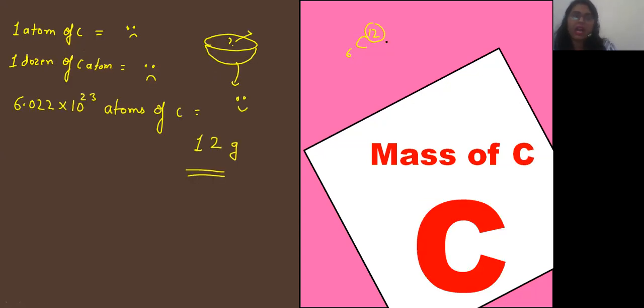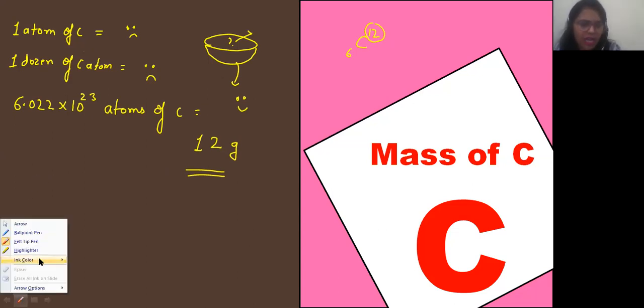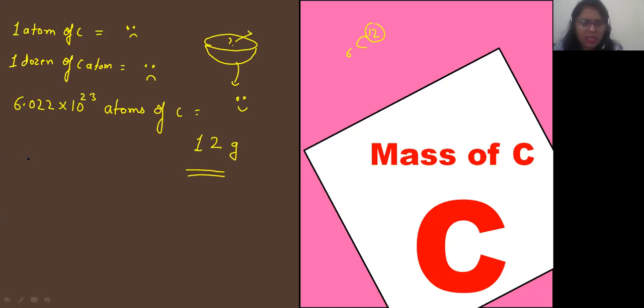Now, if I ask you to tell me the mass of one atom of carbon, I think you can now do it. The weighing machine will not display anything. But with the unitary method, we all know the unitary method, right?